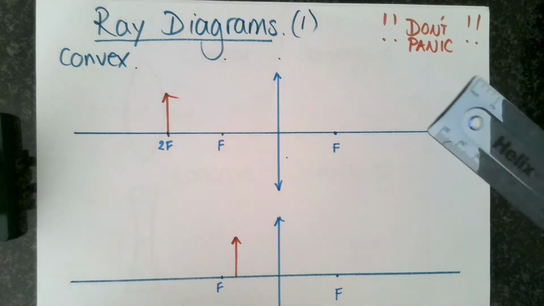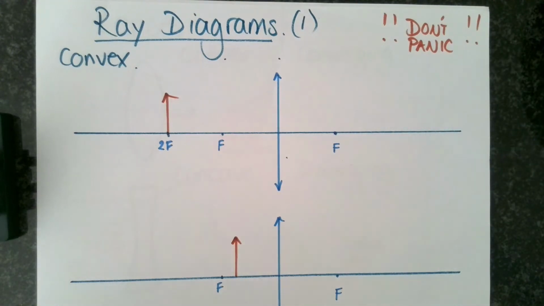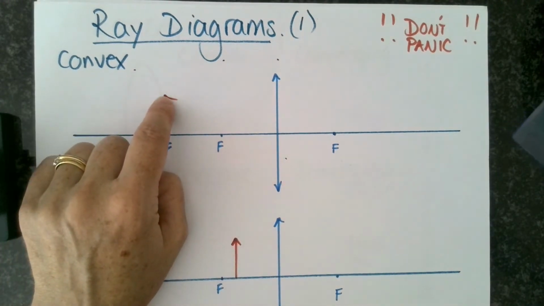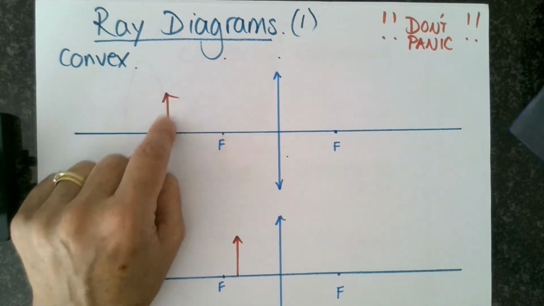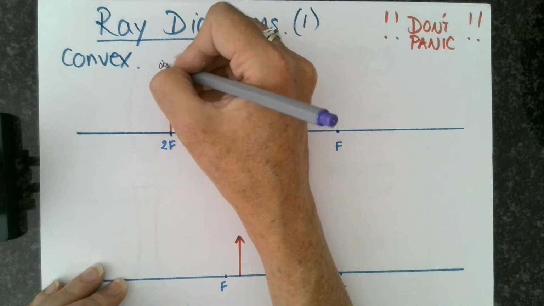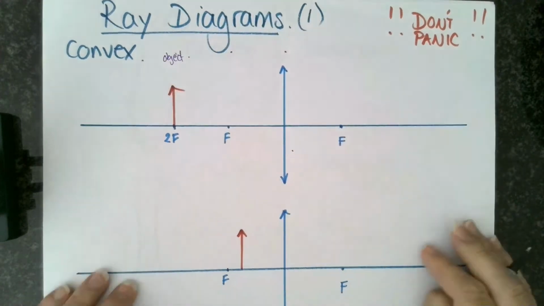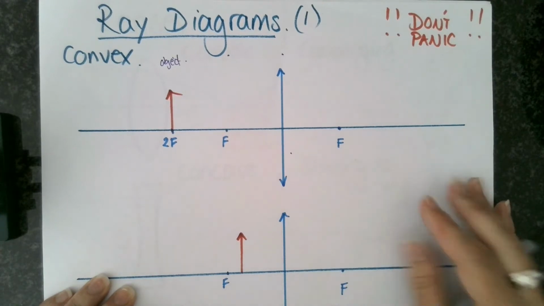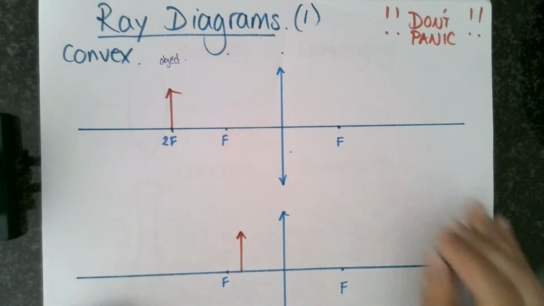Do you remember that I said that rays that came along the principal axis of the lens just carried on straight through the centre of the lens? Well, we are going to take one ray from the top of our object. This is our object here. We always show it as an arrow so that we can put the arrowhead to show which way up it is, to see whether it's been inverted.